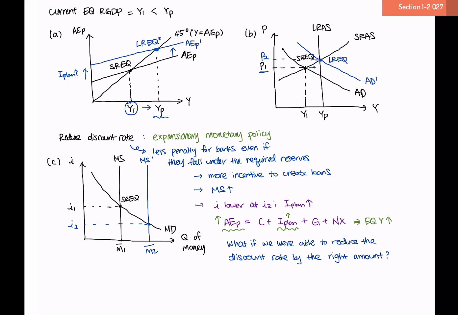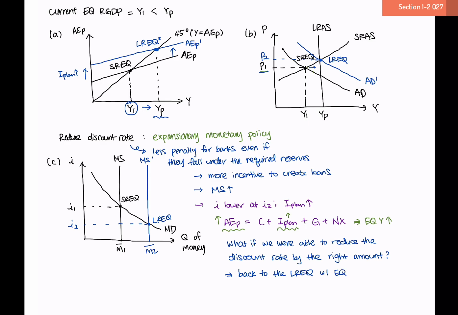I am relabeling the points of equilibrium on the Keynesian cross and the liquidity preference model to help you clearly see the connection. So we're going from the short run equilibrium point to the long run equilibrium point as a result of a successful expansionary monetary policy through reducing the discount rate.